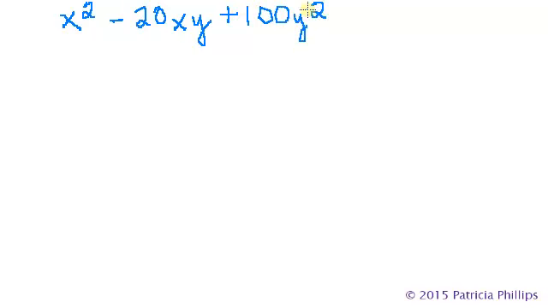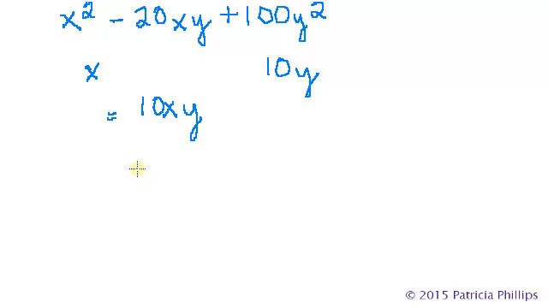Once you do these, you'll begin to see how it's a perfect square trinomial. The first term breaks down to x times x, so the root would be x. The last one is 100y squared, 10y times 10y, so that breaks down to 10y. You put that together nicely as 10xy.